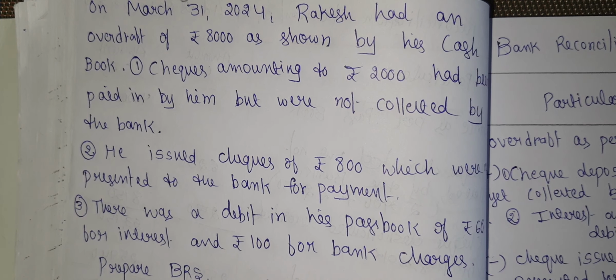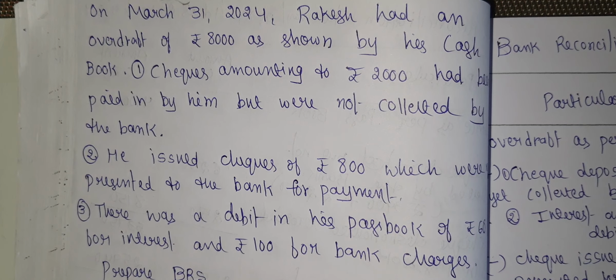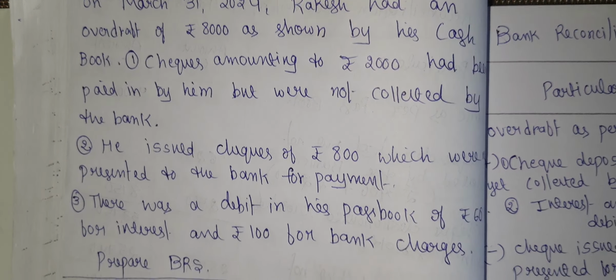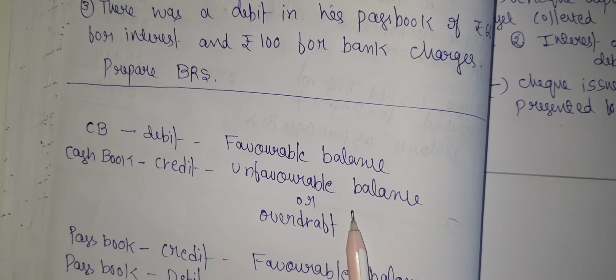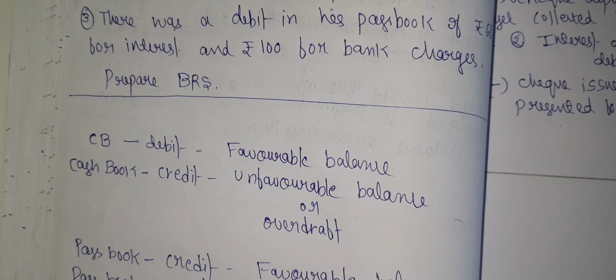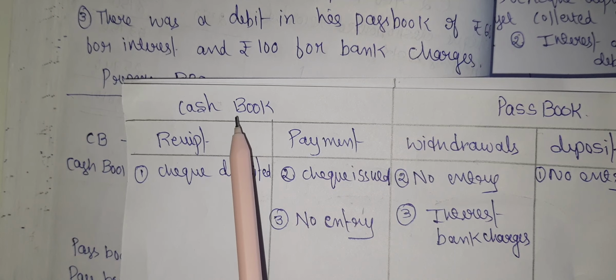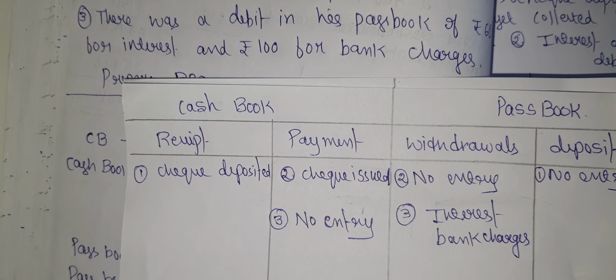Now the question will arise, how do we solve the bank reconciliation statement in the case of unfavorable balance or overdraft? In the favorable balance, what did we do? The first step is we record the transactions in the cash book as well as in the passbook.